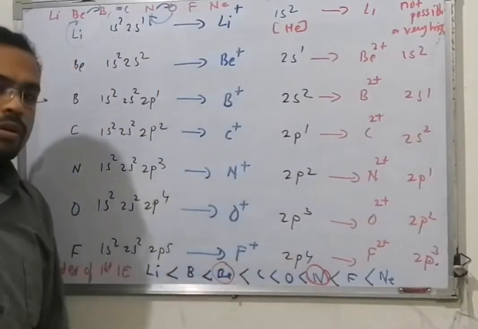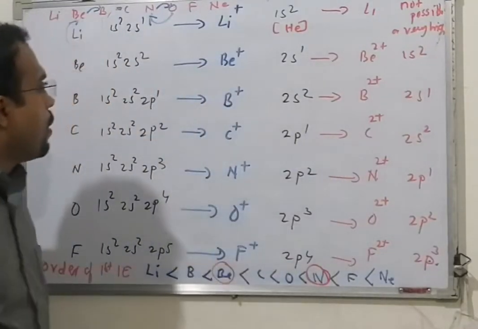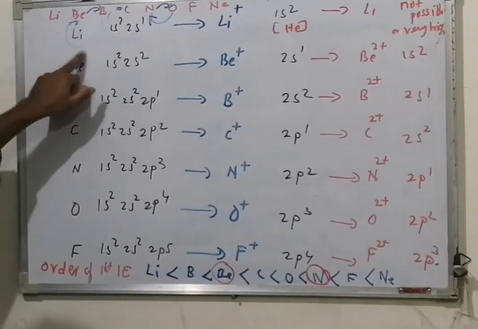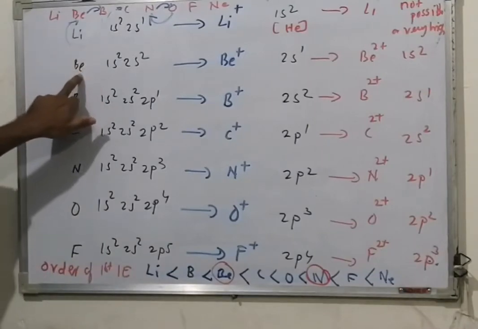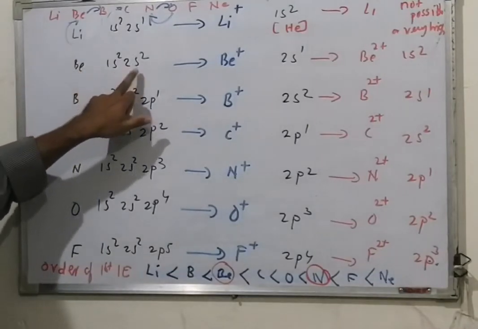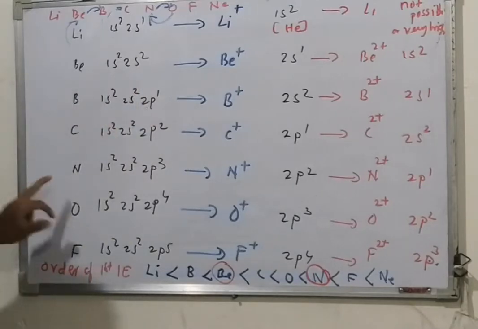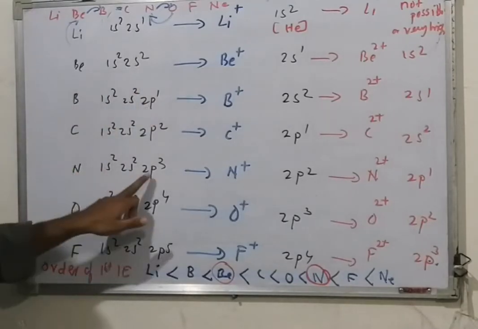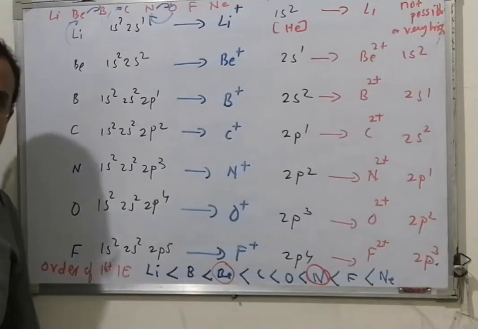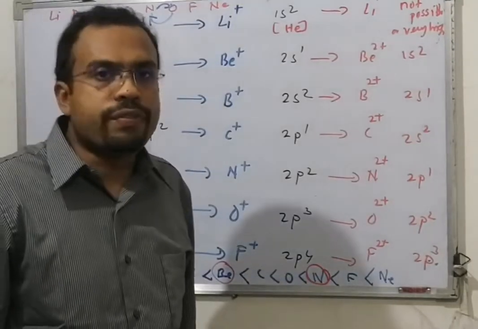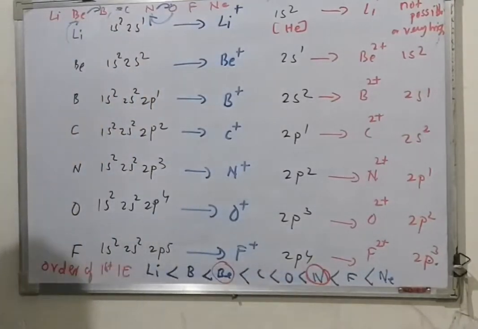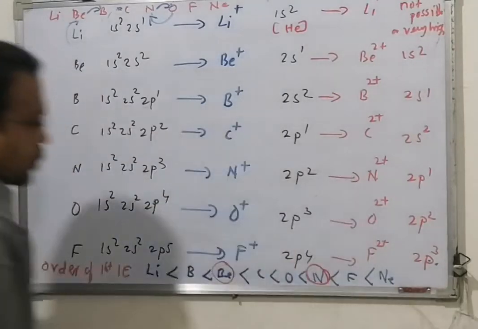Yes. You know why? Because beryllium has a full-filled configuration. Similarly, nitrogen has a half-filled configuration.